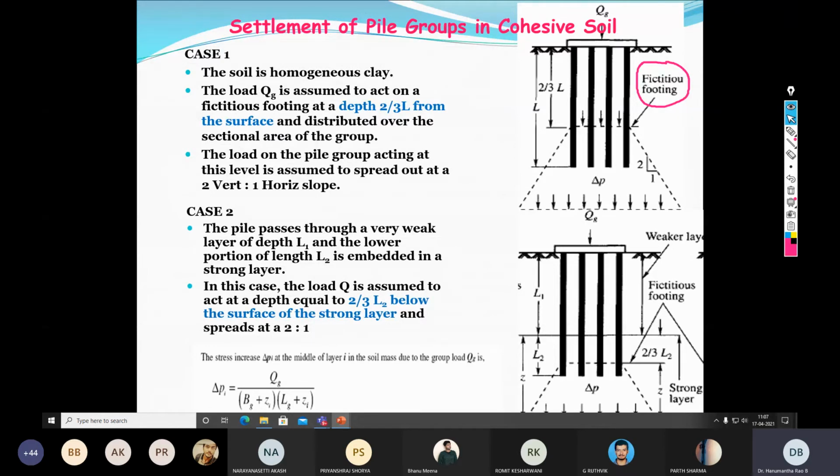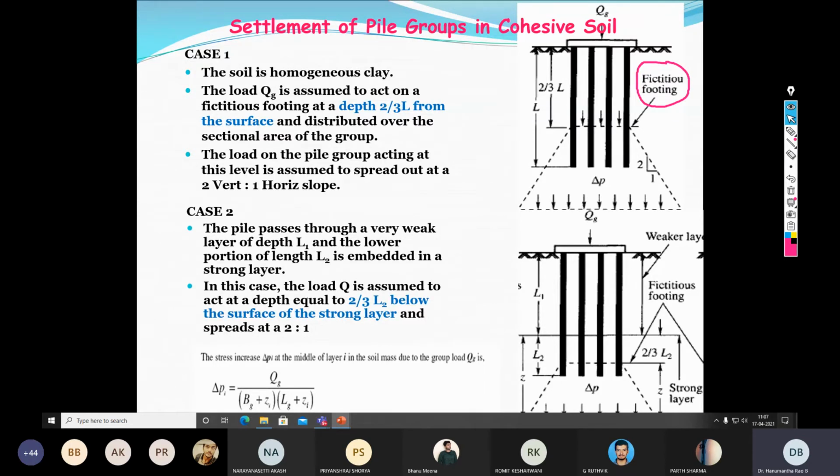Weak means this soil layer L1 doesn't develop any skin friction, so it is simply ignored. Suppose the layer L2 is the one within which the piles are embedded. So the L2 length only develops the skin friction.